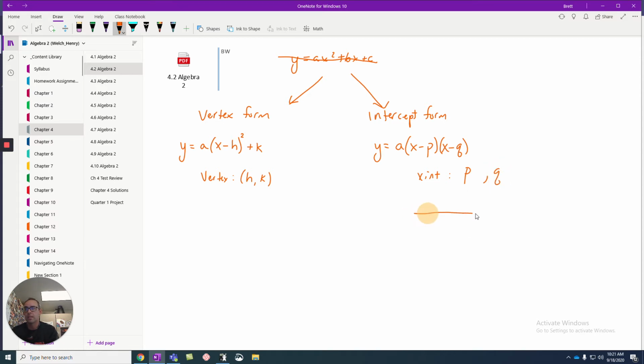What that means is if you take a parabola drawn like this, these points, in no particular order, are p and q. If you wanted to know where it crosses the x-axis, those are going to become super critical points. We're going to spend a lot of time this year looking for those two spots, or three spots, or four spots as we get into polynomials.